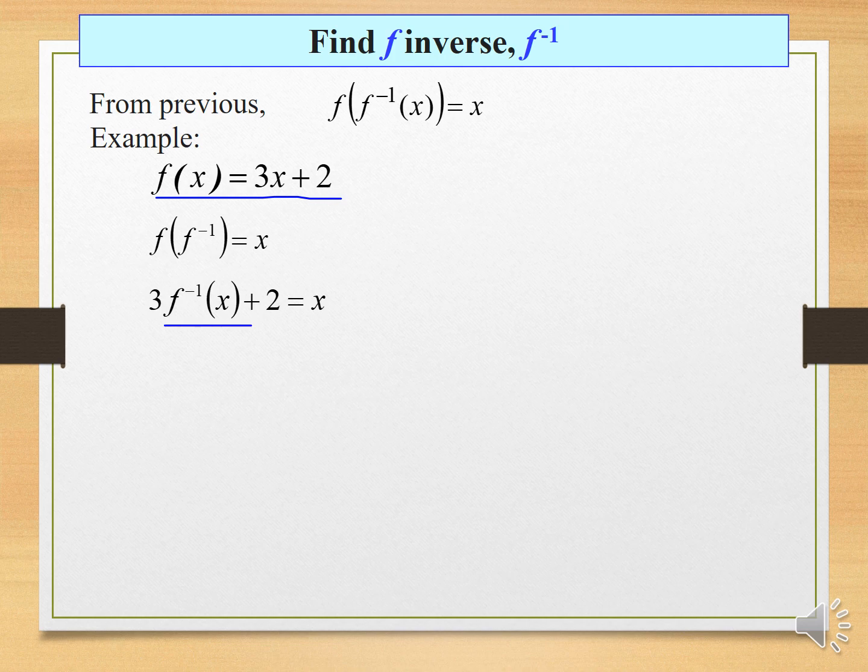Now, let f inverse(x) be the subject. Therefore, we get f inverse(x) equals (x minus 2) over 3. This is how we find the f inverse from the property f composite f inverse equals x.